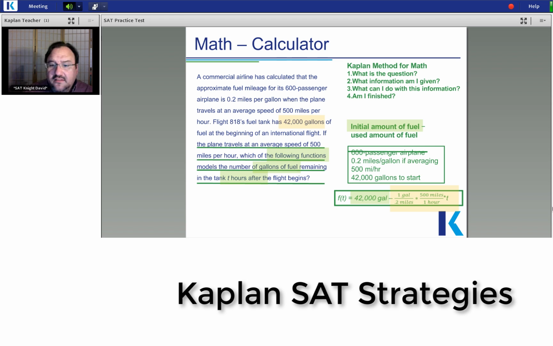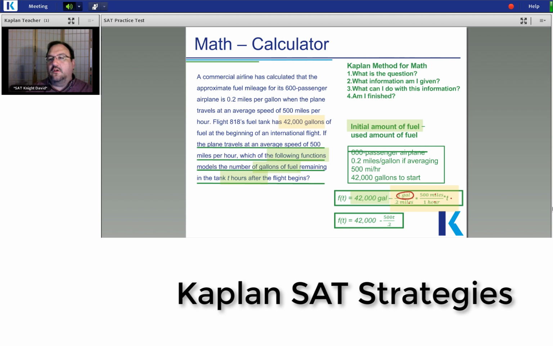In this case, that's going to help us know what we need to plug in. We want gallons left over. So we're going to make sure that our miles cancel out, our hours cancel out, and that leaves us with gallons minus gallons. All of these are ways to make sure that you are being efficient and effective on the test.